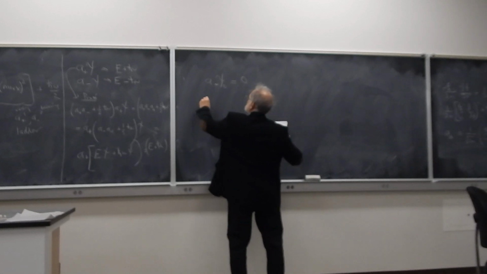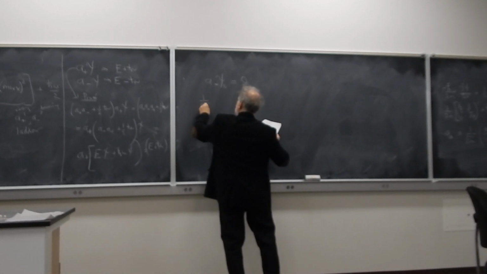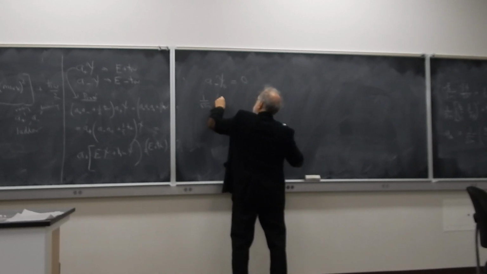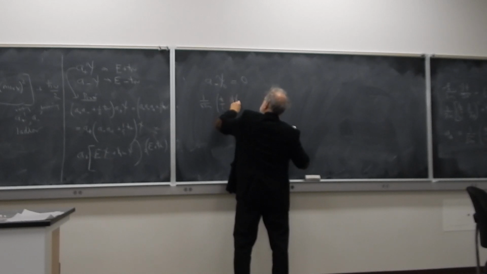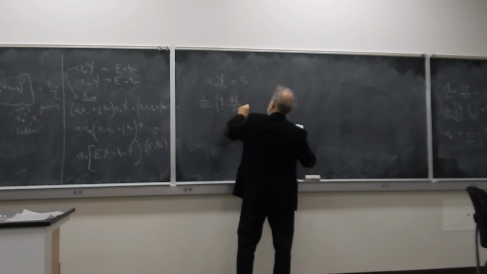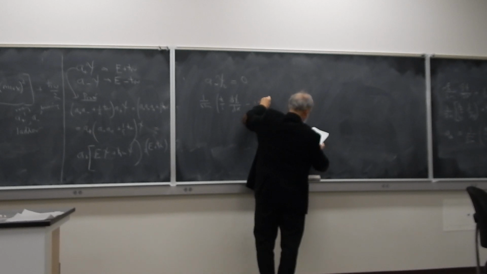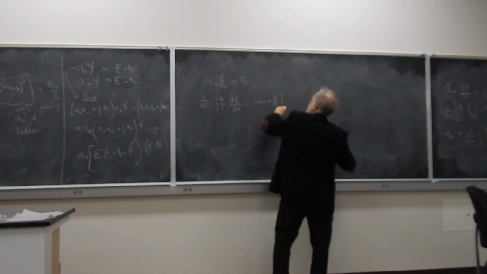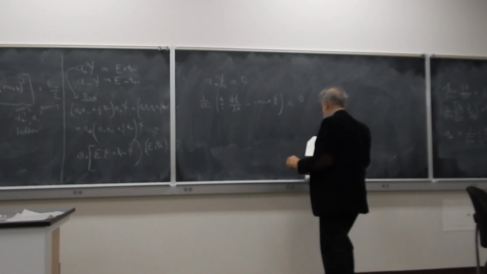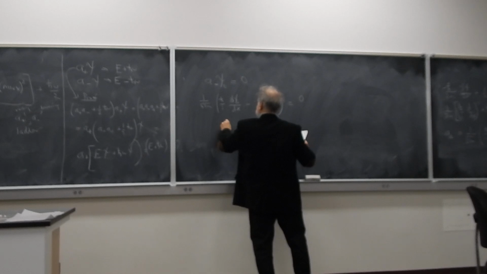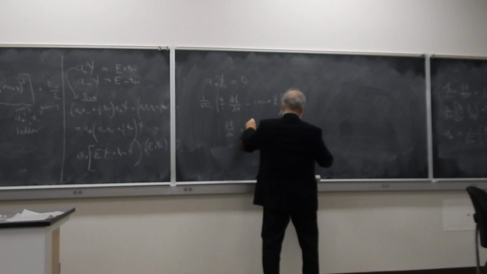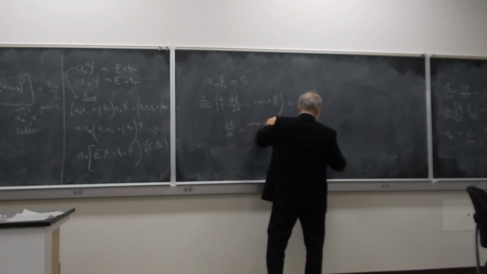So what that means is, if I write it out, I can write this as 1 over square root 2m times h bar over i d psi naught dx minus i m omega x psi naught is equal to 0, which explicitly says d psi naught dx is equal to minus m omega x psi naught over h bar.